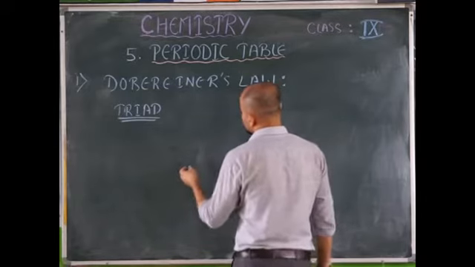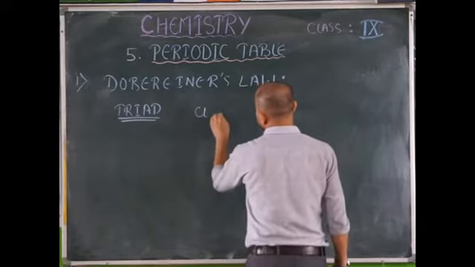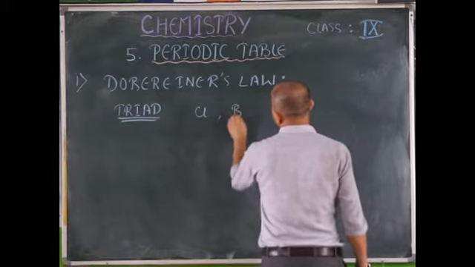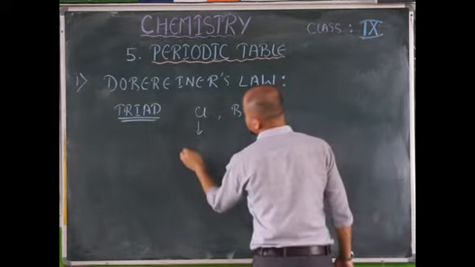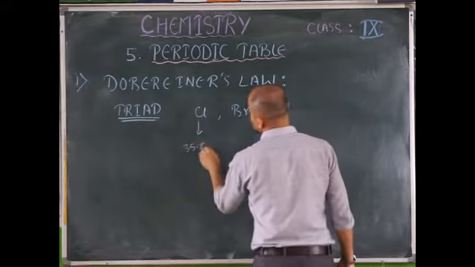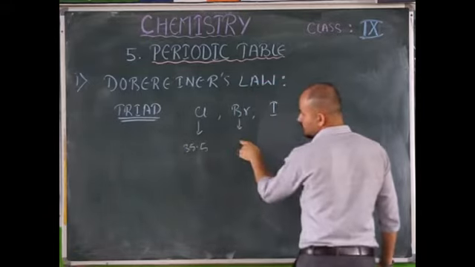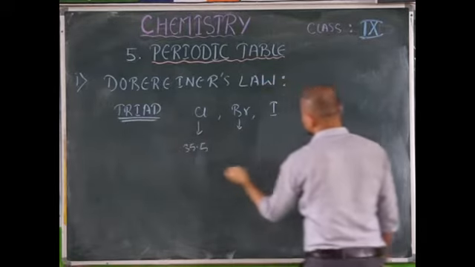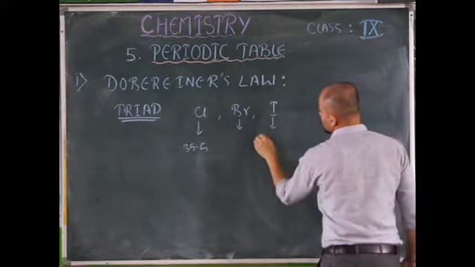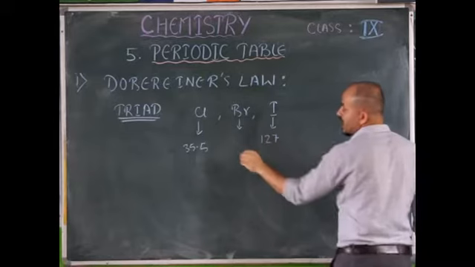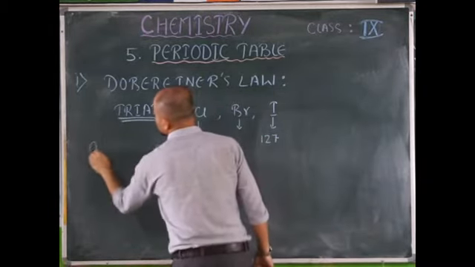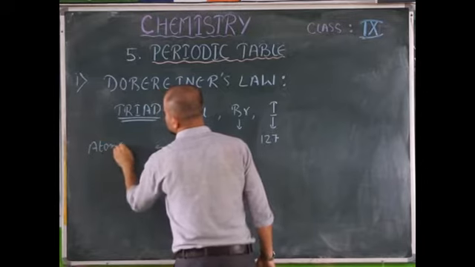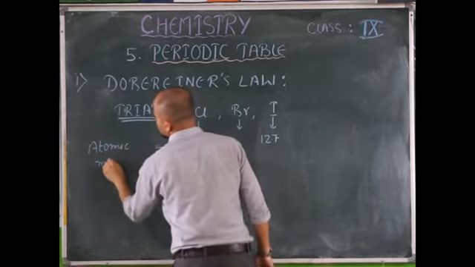This is an example of chlorine, bromine, and iodine. The atomic mass of chlorine is 35.5. Bromine we are going to calculate according to this law of triads, and iodine is 127. Now these are atomic masses, don't forget. We are talking about atomic masses.